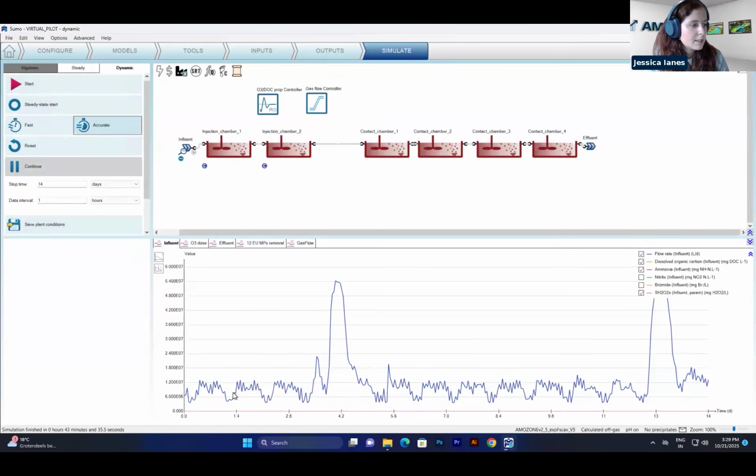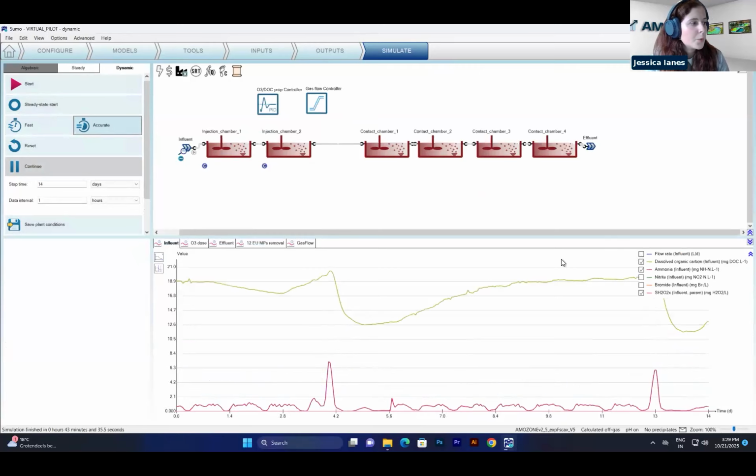We have the daily variation, and then in this period we had a rain event. We also had different DOC concentrations in time. For ammonia, we had quite regular variations daily, and also in this period when the rain event was present, due to the dilution of the concentrations, we had lower ammonia.